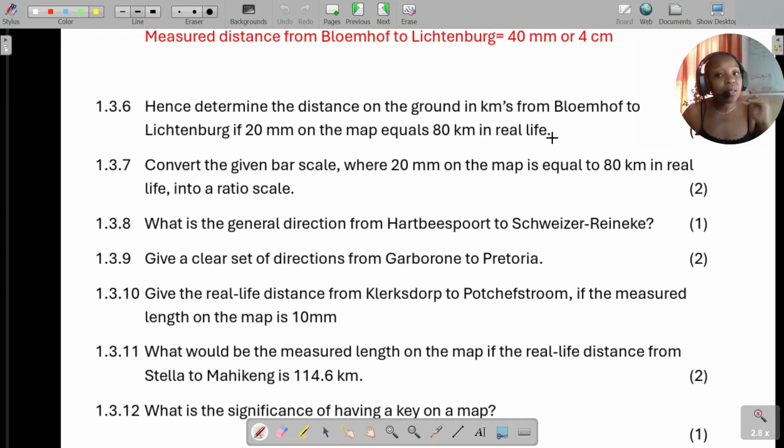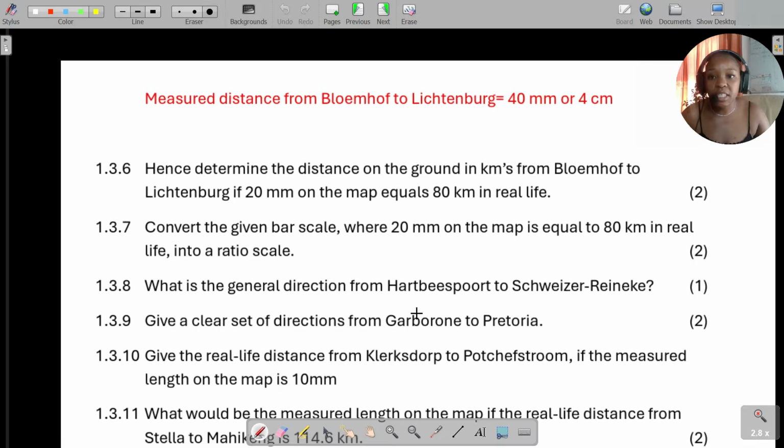So I included some additional questions so that we can go a bit deeper with these questions. Remember, here I said that the measured distance from Bloemhof to Lichtenberg is equal to 40 millimeters or 4 centimeters. This is the measured distance that I got. If you have this map printed out, you'll probably get 40 millimeters or 4 centimeters.